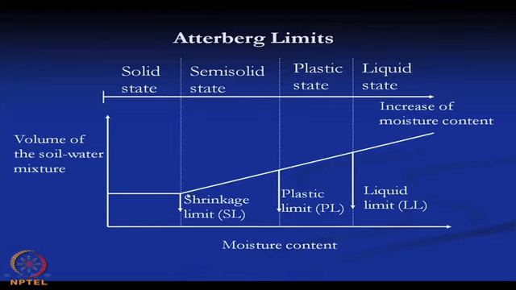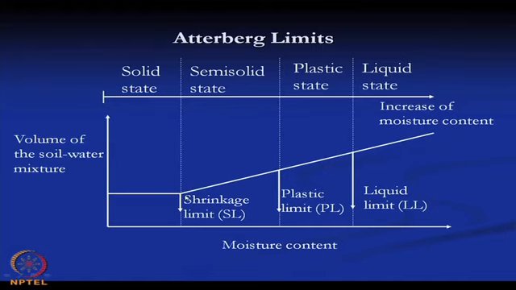So, we can say if we reduce the water from a liquid state of soil, then it will pass the liquid limit and go to the plastic state, and if you further reduce it, it will pass the plastic limit and go to the semi solid state, and if you further reduce the water content, then it will pass the shrinkage limit and go to the solid state.